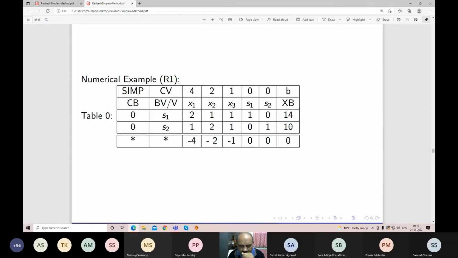In the second column there is no change, 0, 1. So the new basis inverse is 1 by 2, minus 1 by 2 in the first column, and 0, 1 in the second. Here we are finding the new basis inverse using the product form of inverse rule. So I'm going to explain from this table.